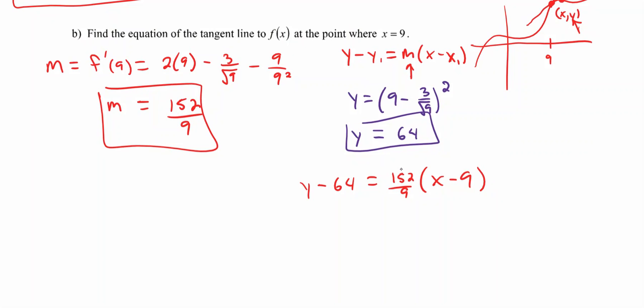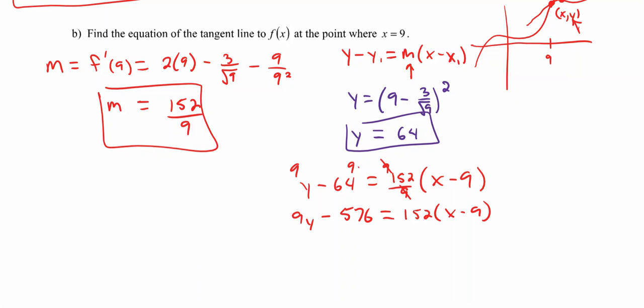So let's multiply everything by 9 to get rid of that denominator. So those cancel, and we end up with 9y minus 576 is equal to 152 times x minus 9.